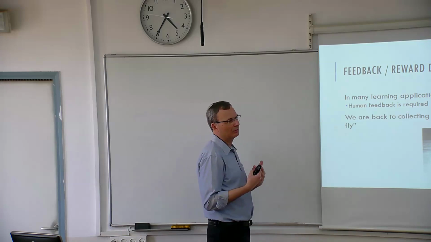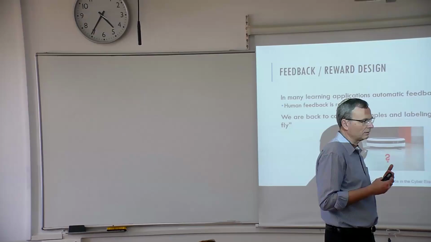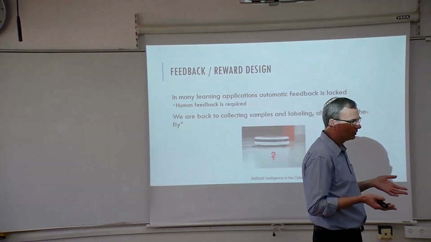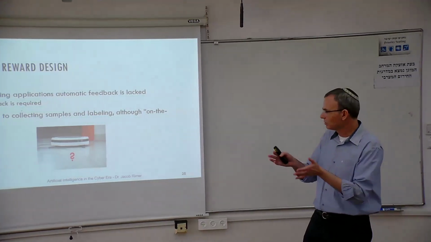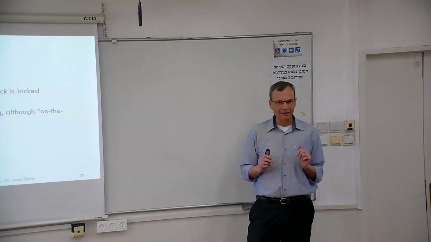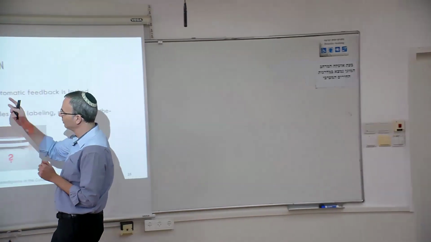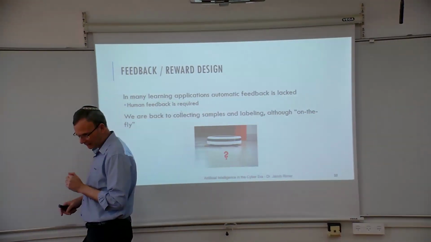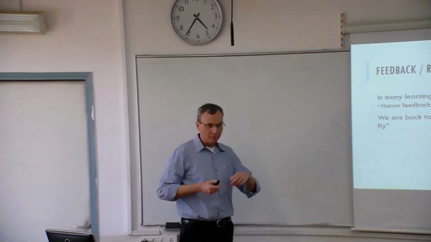Let's think about the question of cyber, or finding the lone wolf. Who is going to give me the feedback whether I chose a lone wolf or not? There is no oracle in the world, okay? And then again, we're back to human feedback. And if we're back to human feedback, what does it mean?